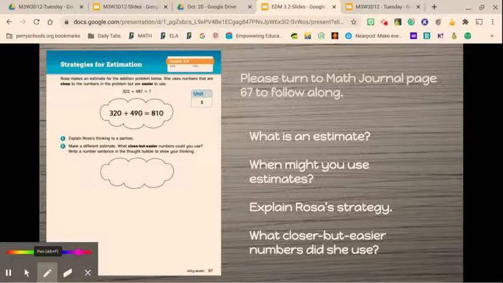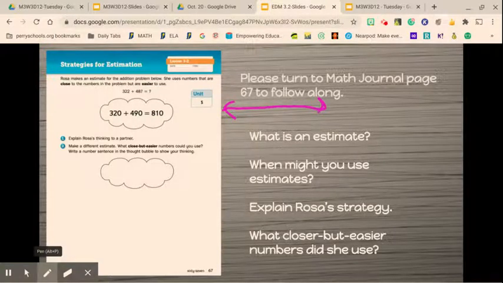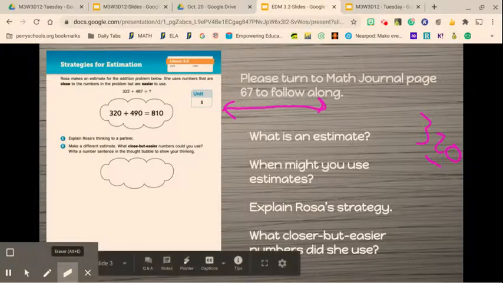So part of what I'm thinking Rosa did was maybe she drew her number line and she's looking at the number 320. Now, when I think about the number 320, I want to round, not 320, but 322. Let me fix that. So 322.